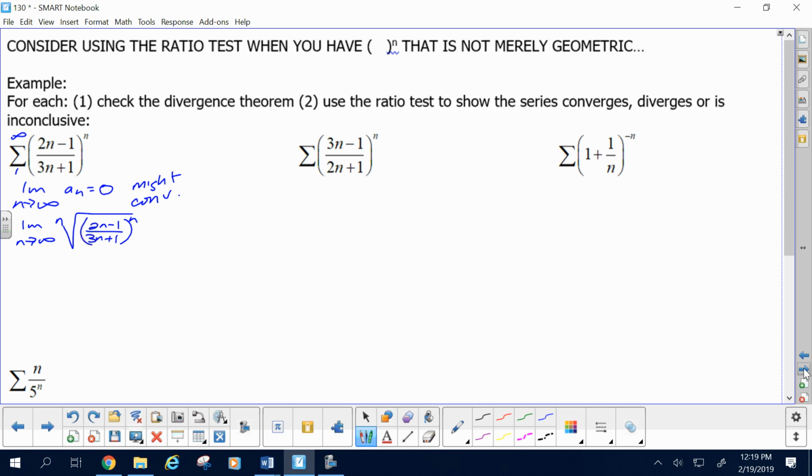Now the nth root of 2 to the n is just the inside. In other words, now we're going to just focus on the base. What does the limit of the base approach? 2/3. Now, the test would then say, because that test came out less than 1, we conclude the series converges.